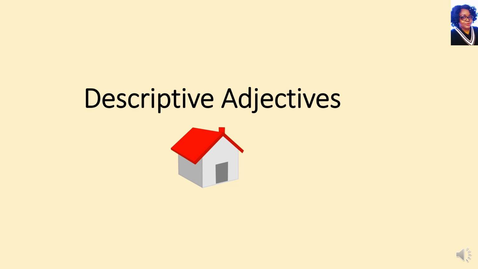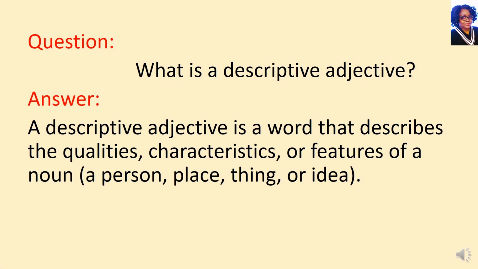Now it's time for descriptive adjectives. Question: what is a descriptive adjective? Answer: a descriptive adjective is a word that describes the qualities, characteristics, or features of a noun, such as a person, place, thing, or idea.